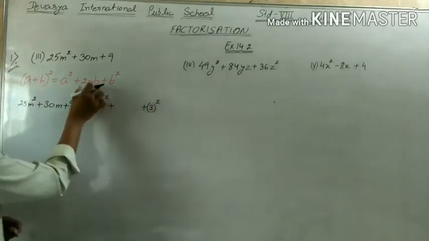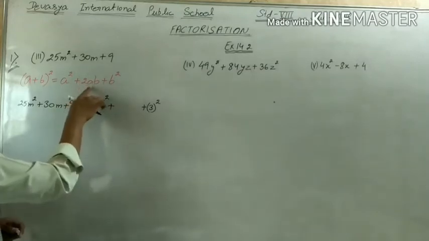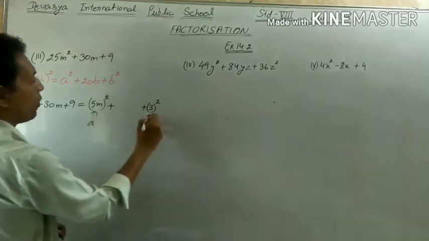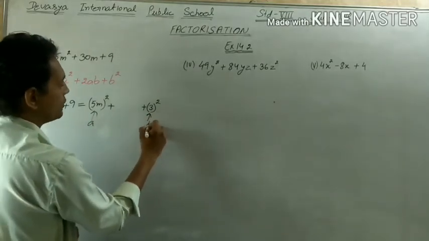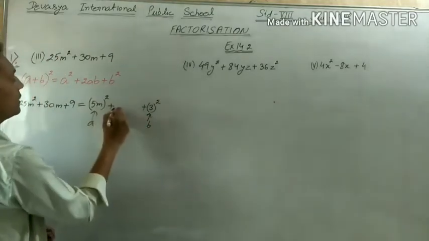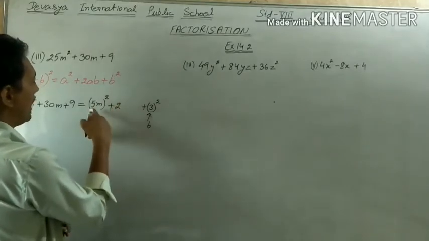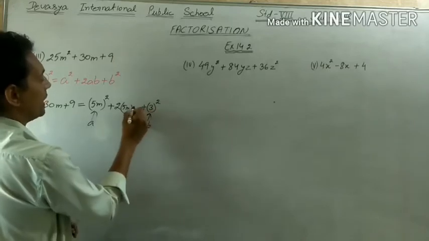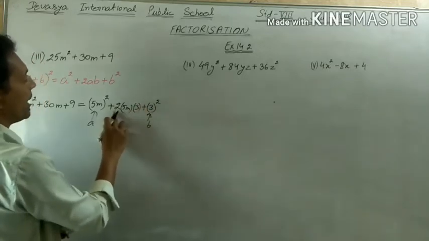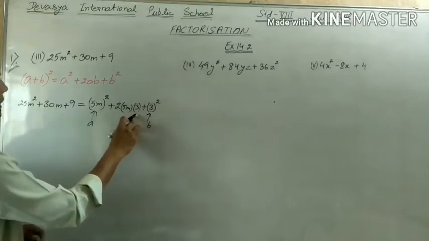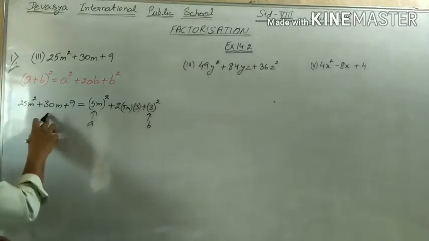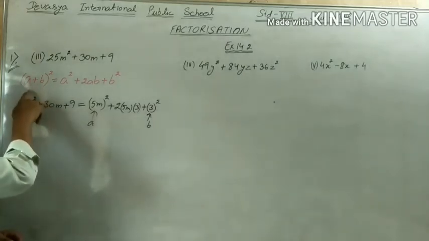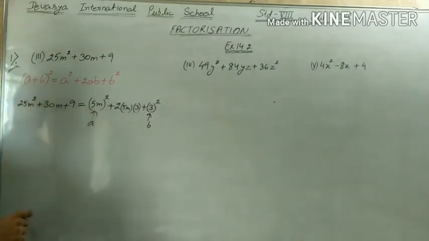The middle term is in this format, that is 2 into A into B. So the quantity in the first bracket is your A and the quantity in the last bracket is your B, and you can write the middle term as 2 into A, that is 5m, into B, that is your 3. Clearly, when you multiply 2 into 5 into 3, you get how much? 30m. Okay.